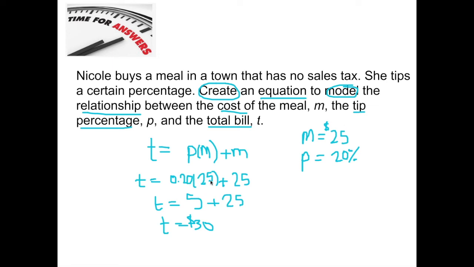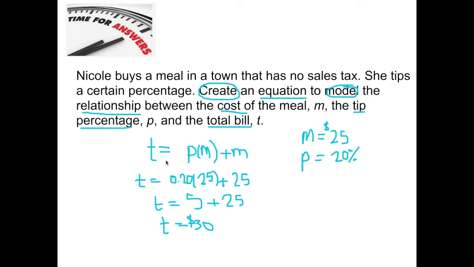So 20% of 25 is $5, plus the $25 would be a total bill of $30. That's just an example of a meal price and a tip percentage to get the total bill. But if you leave it in terms of variables, this would be a possible equation to be written.